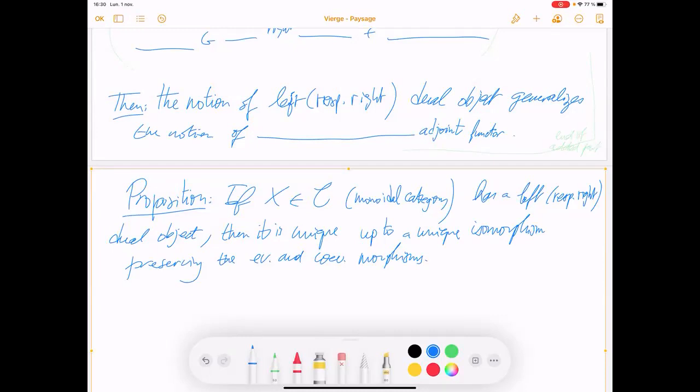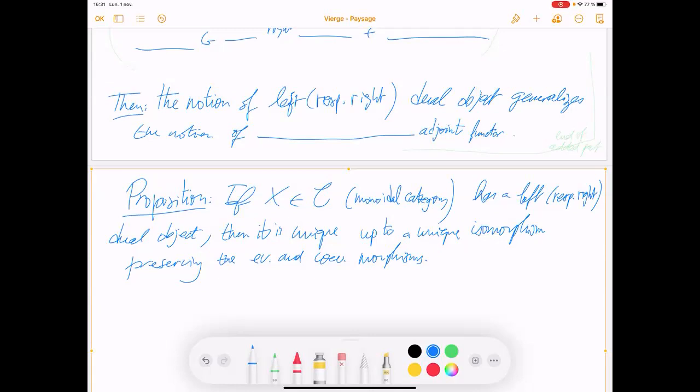So you can see this proposition as a generalization of the theorem of uniqueness of the inverse in a group. If you have a group, the inverse is unique. But in a monoid in general, the left inverse is not unique. It's unique if there exists both a left and a right inverse.